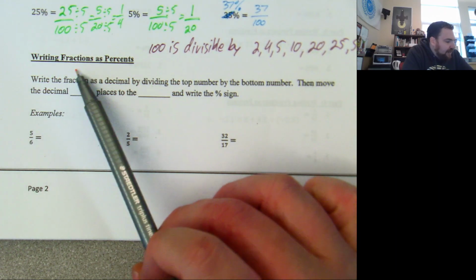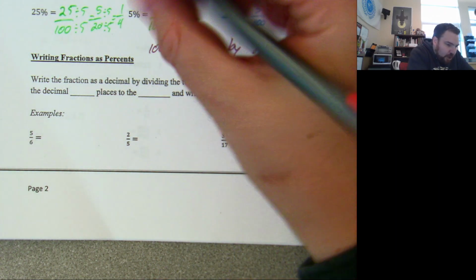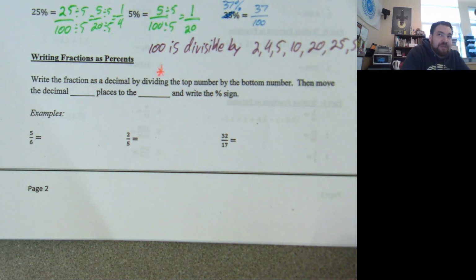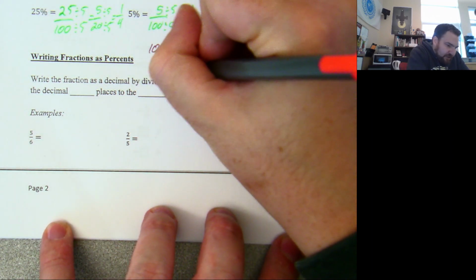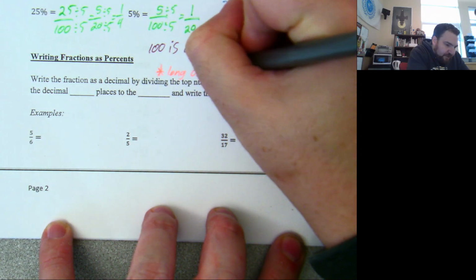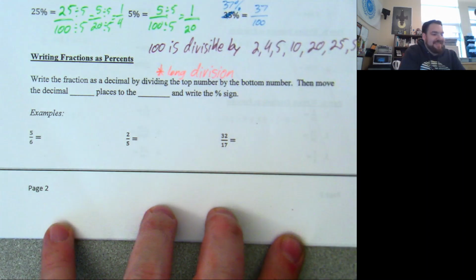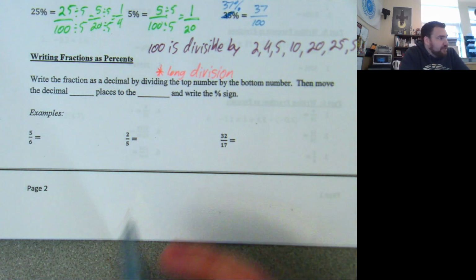When I'm writing fractions as percentages, the only way you can actually go about doing this is long division if I don't give you a calculator. That's it. There will be tricks for making the division quicker, but that's it.